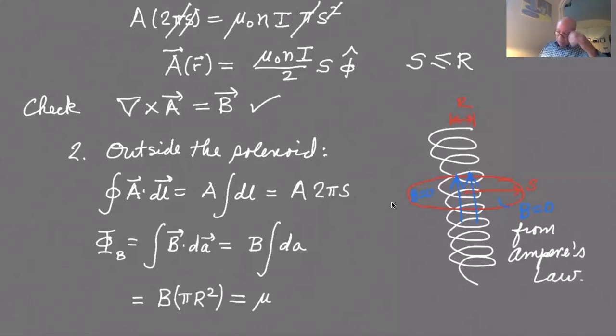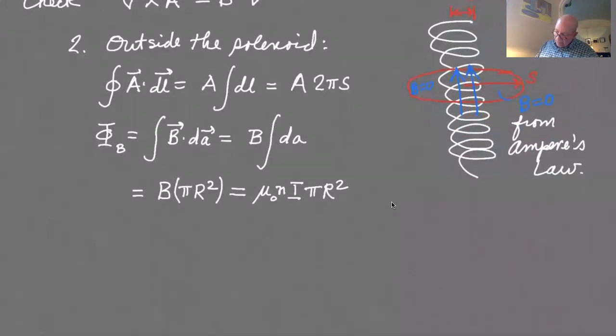And you should know how to do those arguments. And so this is going to be mu naught n times I times pi r squared. And so if we let A 2 pi s be equal to mu naught n I pi r squared, the pi's cancel, okay?